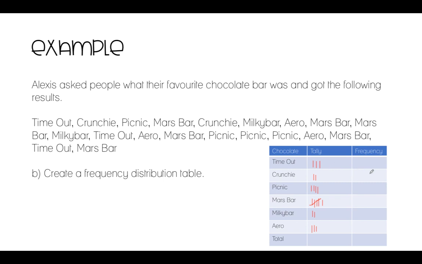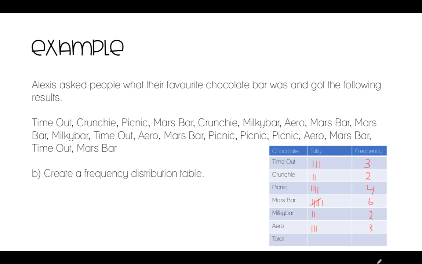Okay, so this is how we do our tally, doing dashes, and then when we get to that 5th one, we cross through to make a bundle of 5. So frequency is how many times it occurs. So timeout occurred 3 times, crunchy twice, picnic 4 times, Mars 6 times, Milky bar twice, and Aero 3 times.